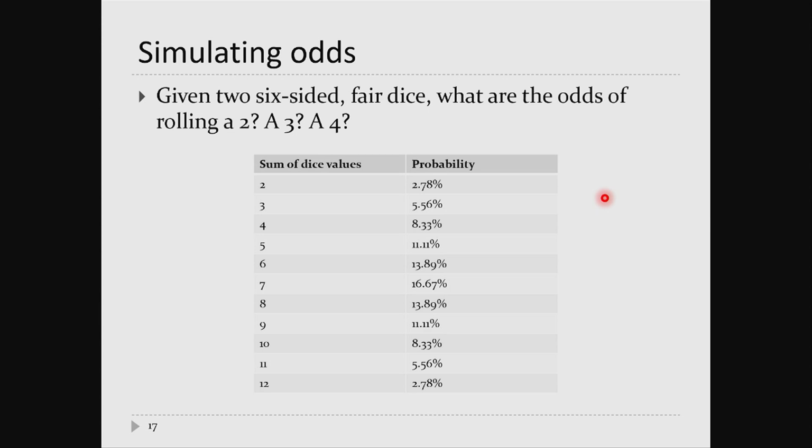So here I want to write a program that's going to roll a pair of dice lots and lots of times and count the number of times 2 appears, the number of times 3 appears, the number of times 4 appears, and so on. I want to store the number of times 2 appears in a list, and the number of times 3 appears in a list, and so on.